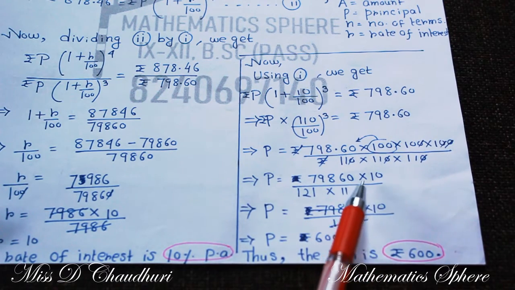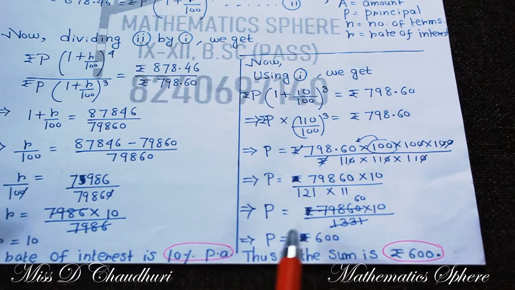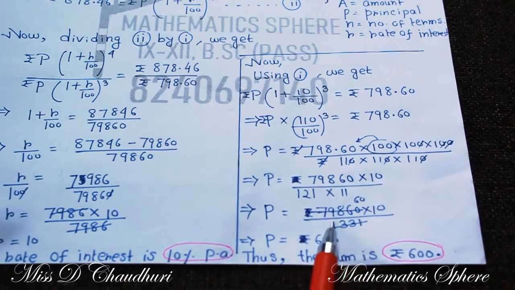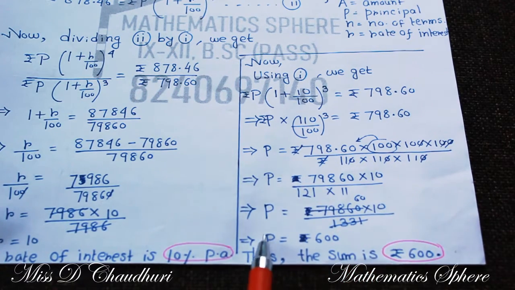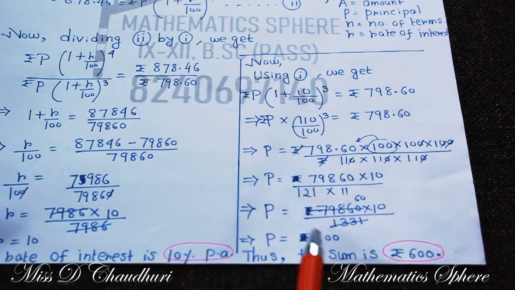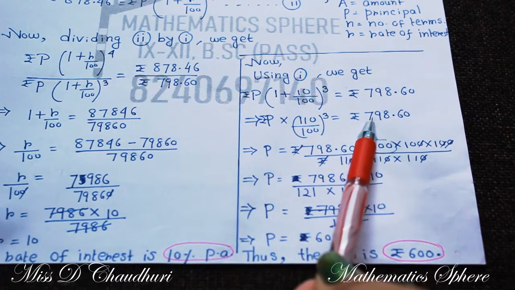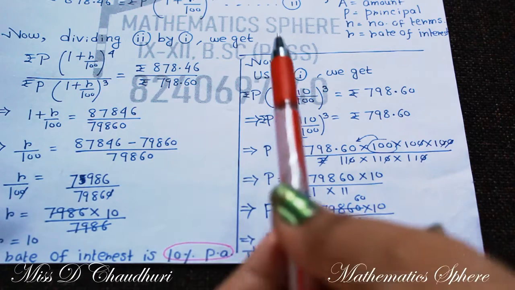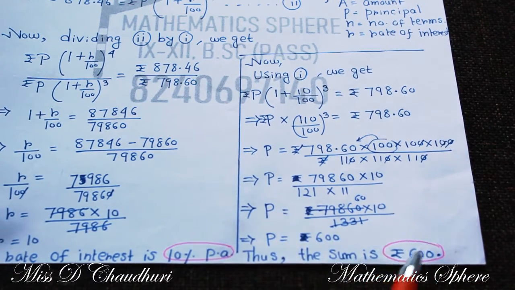Okay, again I can see that 121 will be cutting this thing, so ultimately this 1331 and this one will give us 60, and 60 into 10, ultimately we will get P as 600. Okay, P will have no unit here because the unit is being cancelled since we considered it to be rupees P. Now at last you will have to write it properly, thus the sum is rupees 600.